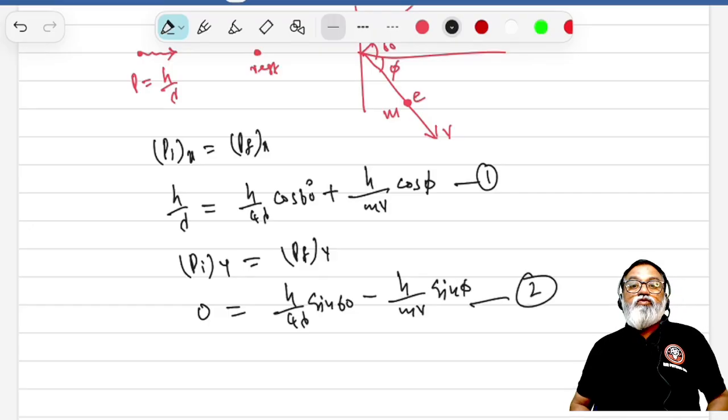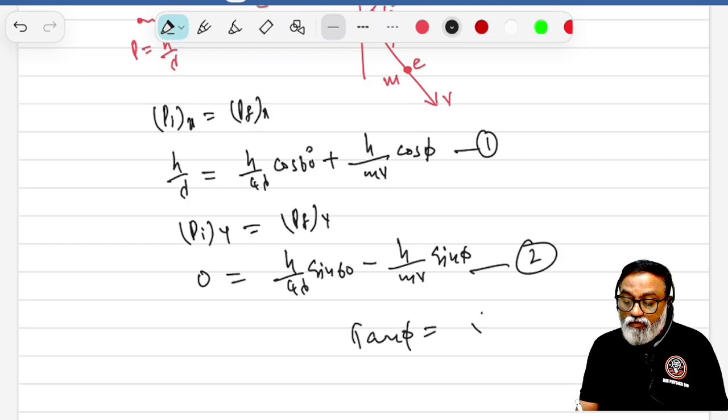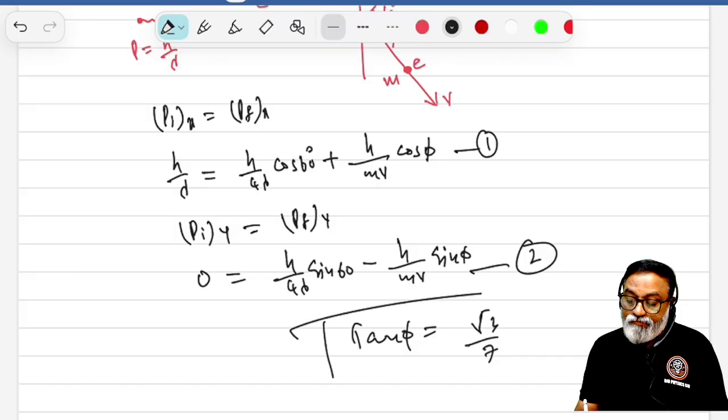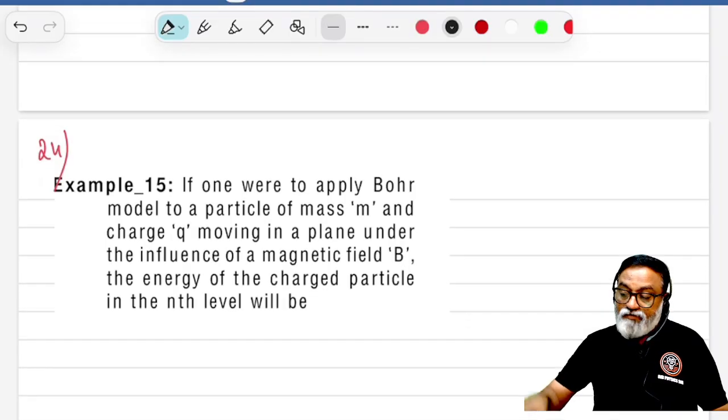It is equation number 2. From equations 1 and 2, we can directly find tan phi is equal to root 3 by 7.